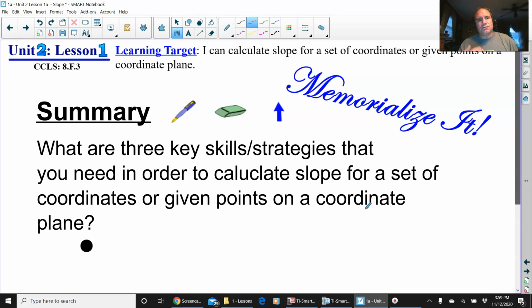The summary should be filled out as if you're explaining it to someone who missed class: what do they need to know to do this lesson? The first thing that they would need to know is the formula for slope. So go ahead and put all of your key skills or strategies that you have developed along the way.